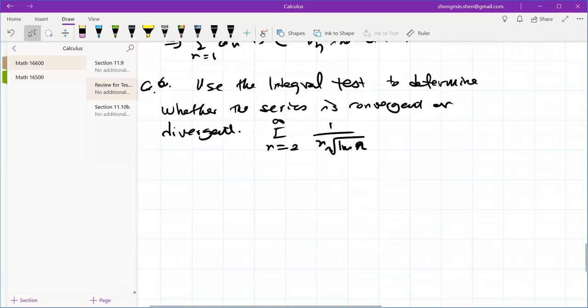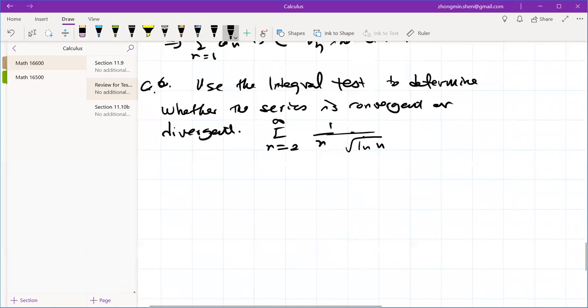Now you can even look at the general case. I discussed that before in the class. 1 over n times the square root of natural log n.